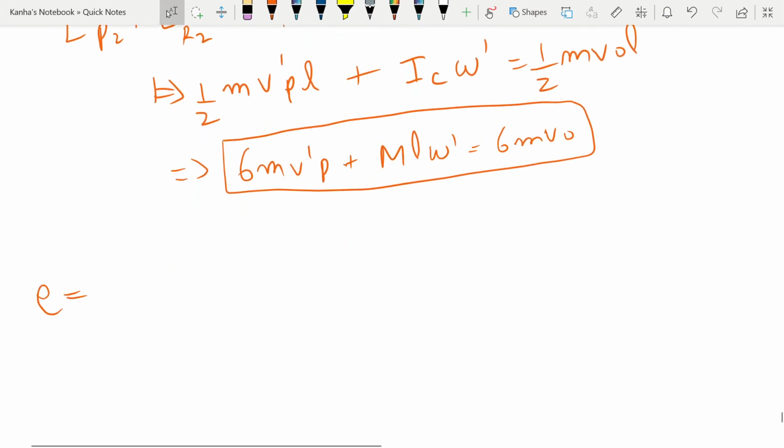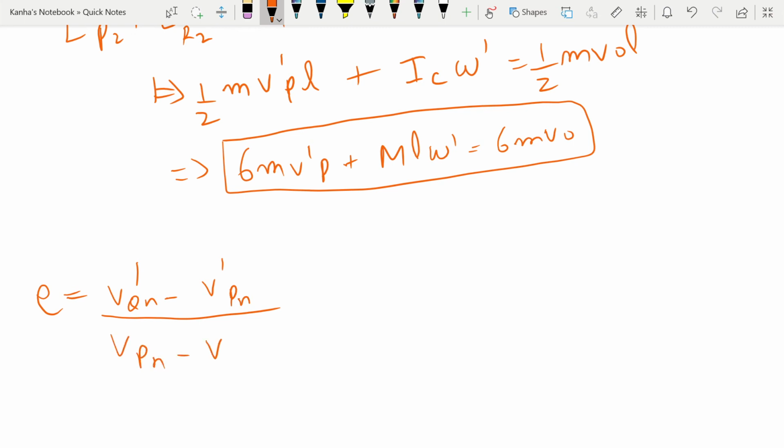What is the coefficient of restitution? Coefficient of restitution is nothing but v prime q n minus v prime p n divided by v p n minus v q n.